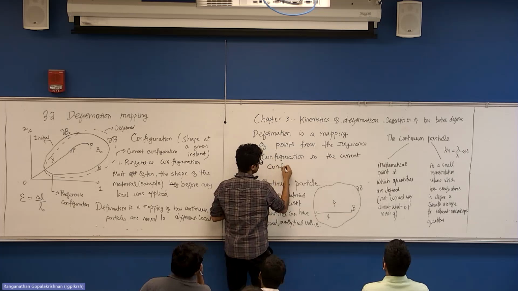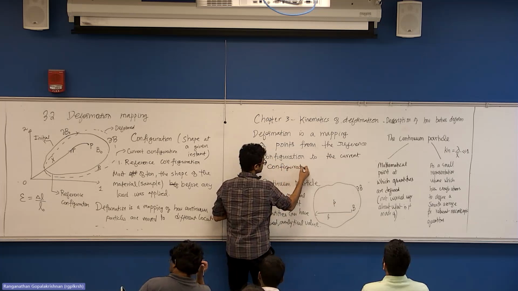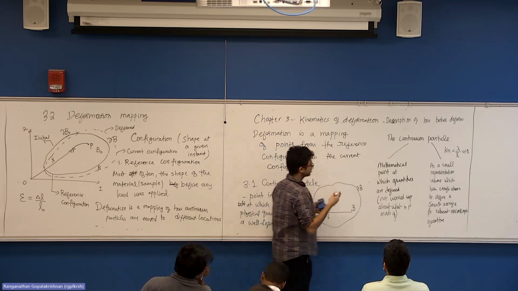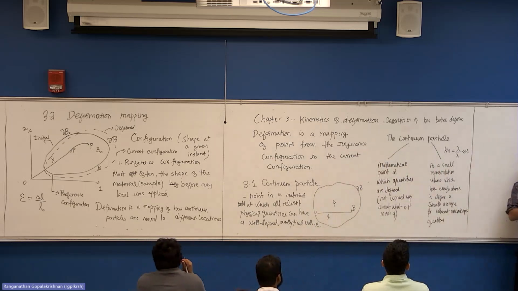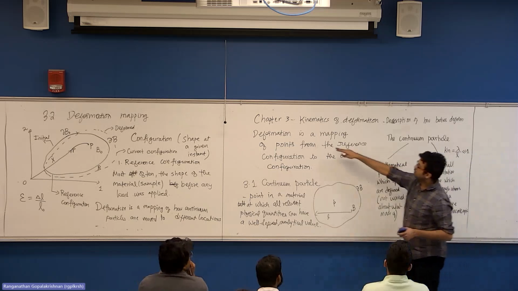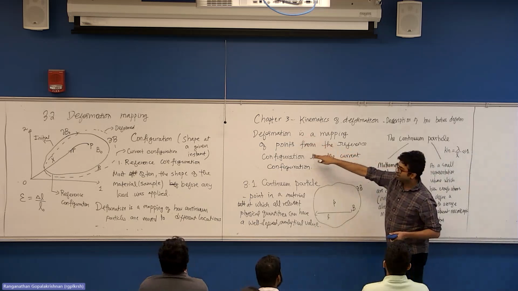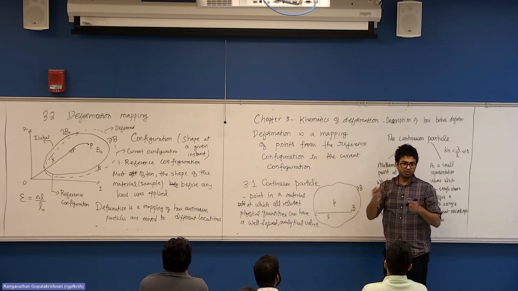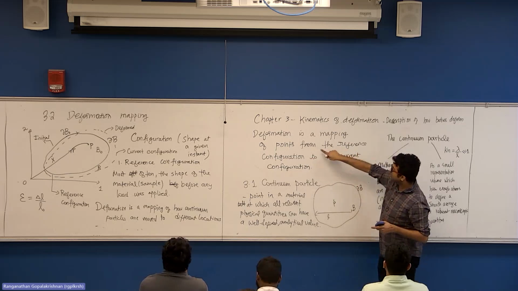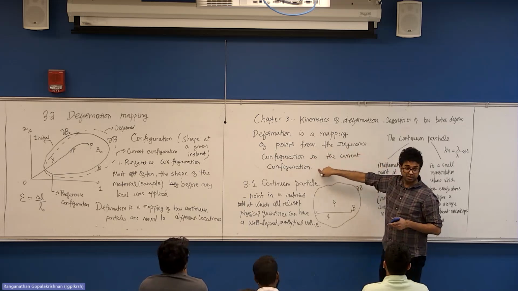I'm saying the reference because there can be only one, and that's why it is the reference. I'm also using the current configuration because at a given instant there can be only one current configuration, and for that moment it is unique. If you go to the next moment, you can have a different current configuration. So it is a mapping of how points go from one location to another as loading is done, or as they go from the reference to the current configuration.